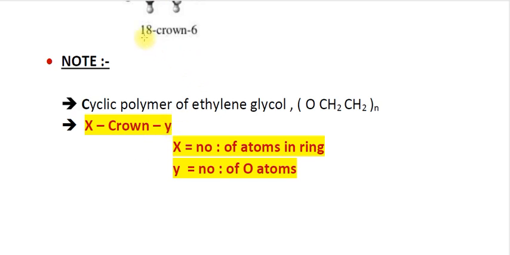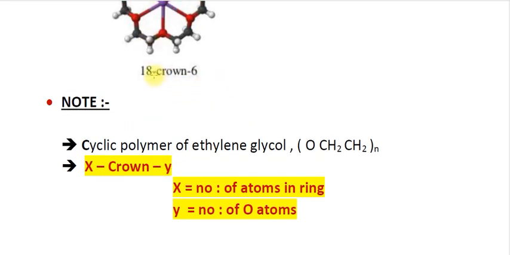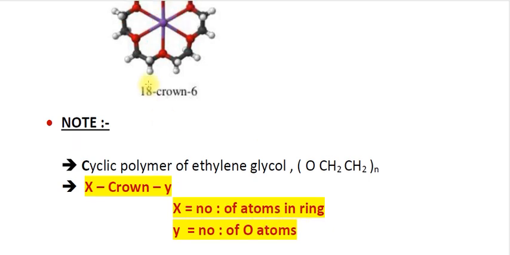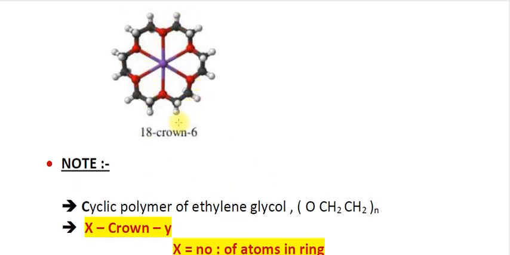Like here you can see 18 crown 6. What do the 18 and 6 represent? The 18 is X, and X means the number of atoms in the ring. How many atoms are seen in that ring? That total number is given as X. Here 18 atoms are seen, so it is 18.